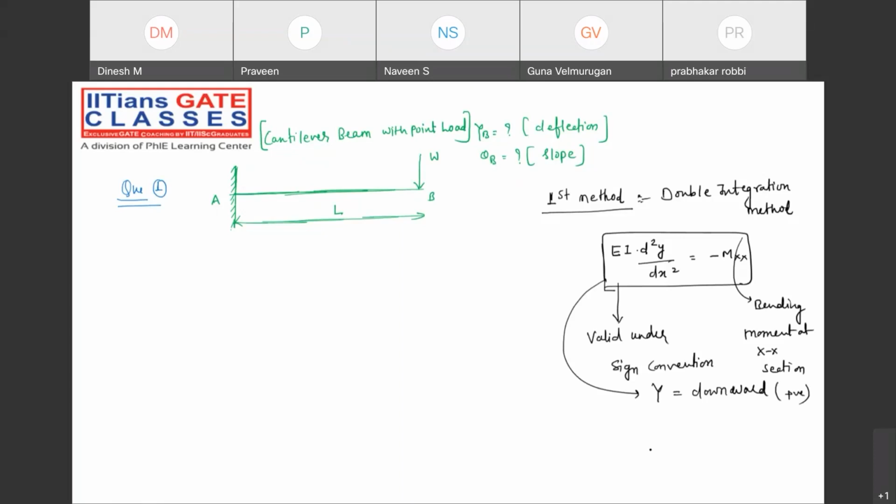For the theta value, suppose you are getting a positive value, please consider it as clockwise rotation from the x-axis. Very, very important, guys, the sign convention.